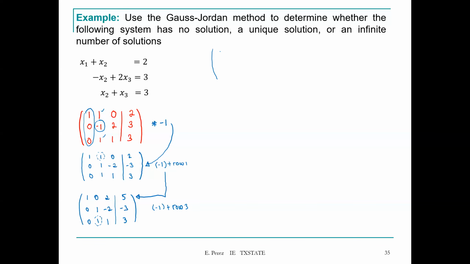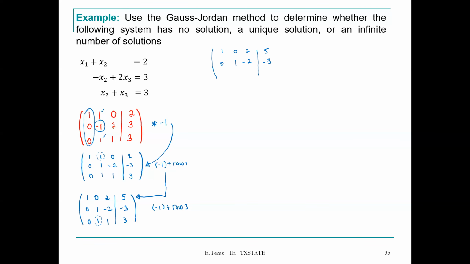We'll get 1, 0, 2, 5, and then 0, 1, -2, -3. So that's the same. What's going to change is the next row.